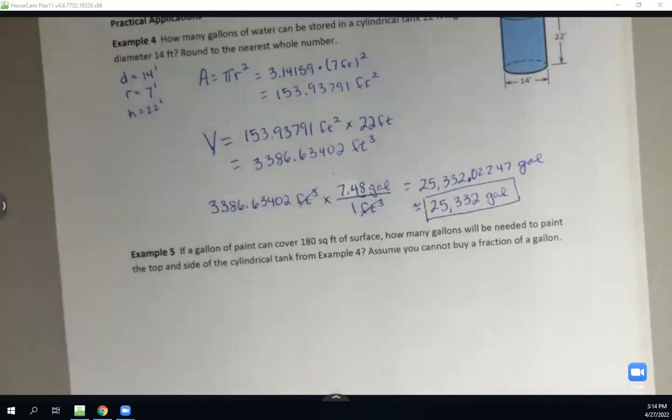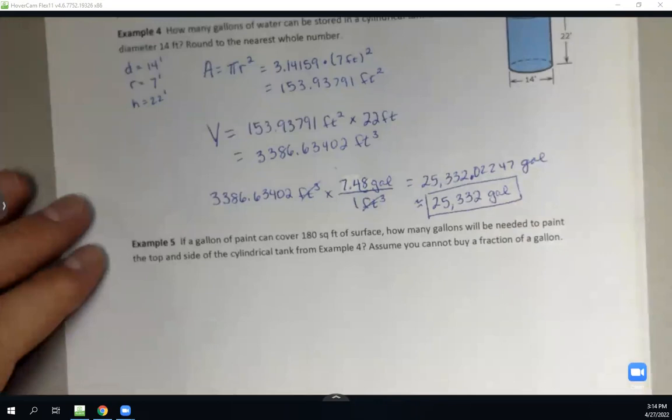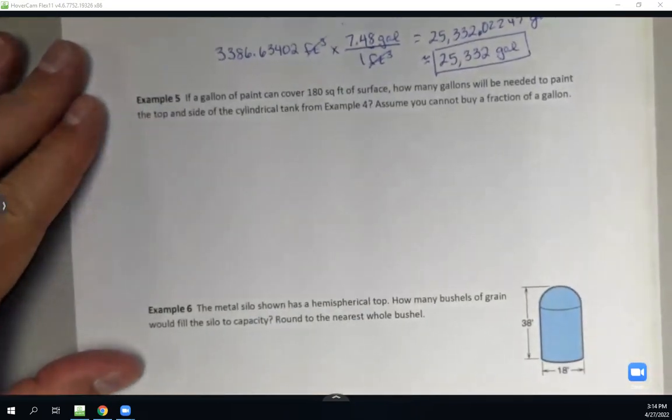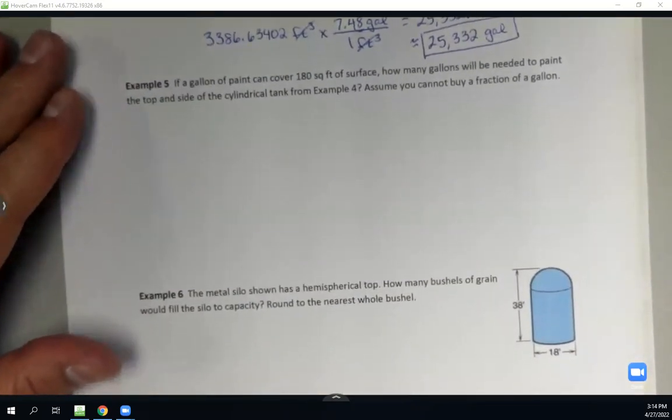You know, that was 47,000, right? So it would take almost 2 of these tanks to fill up the swimming pool. We good? That's a pretty big tank. Of course, it was a bigger pool.